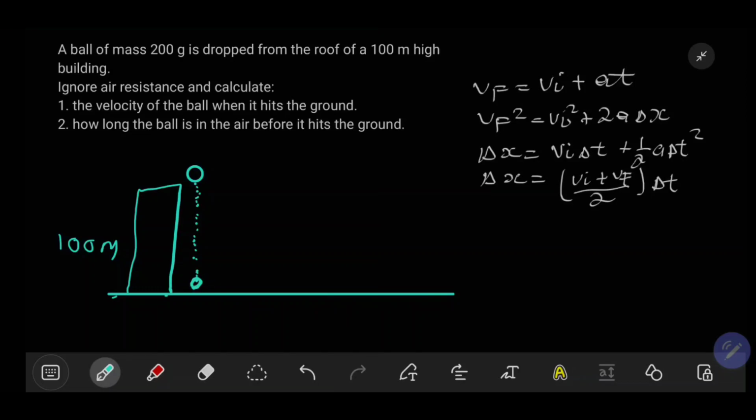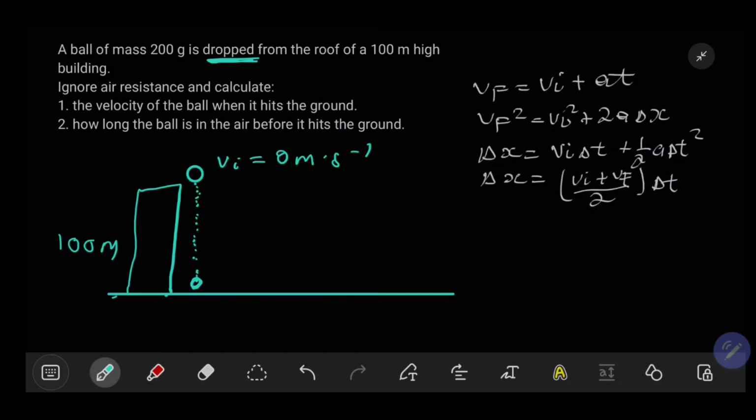All right, so they want us to calculate the velocity of the ball and everything. So one thing I want us to be aware of, when we drop something, you must know that the initial velocity of that object that is being dropped is 0 meters per second. Why? Because when you drop an object or a particle, you don't necessarily apply a force with your hand to release that object.